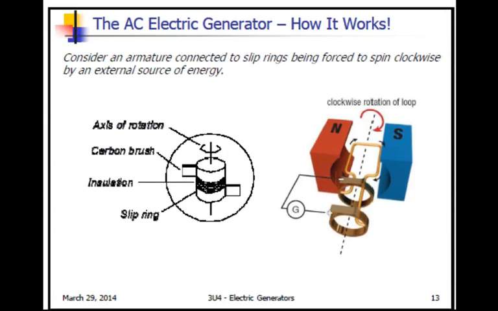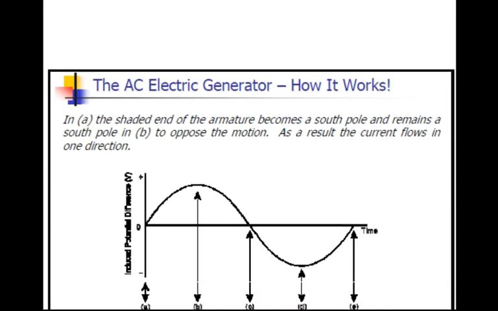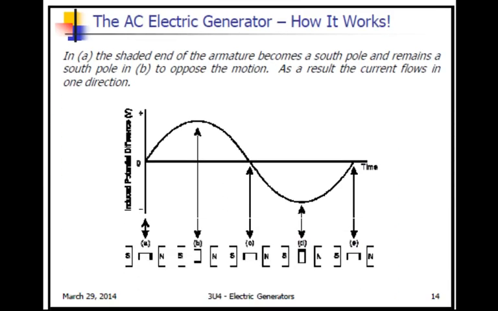So let's see how these slip rings work. When we look at the armature connected to the slip rings being forced to spin clockwise by an external source of energy, that armature is spinning. Eventually we lose contact with the slip ring, and it makes contact with the other, which changes the direction of the current flow.